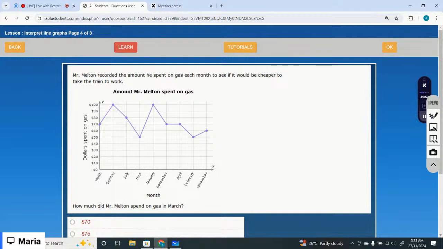How much did Mr. Melton spend on gas in March? So here is March. That is $70. Option number 1 is the correct option.